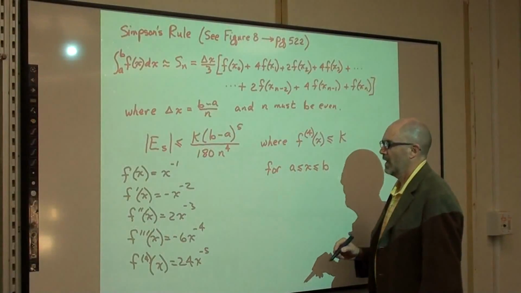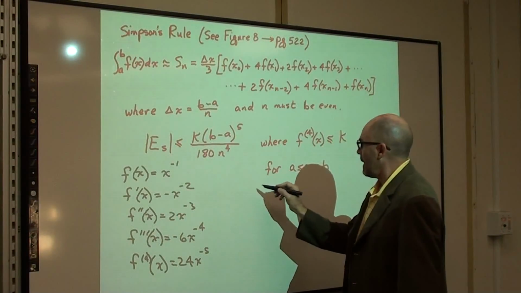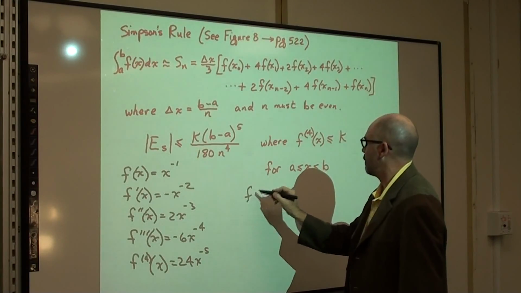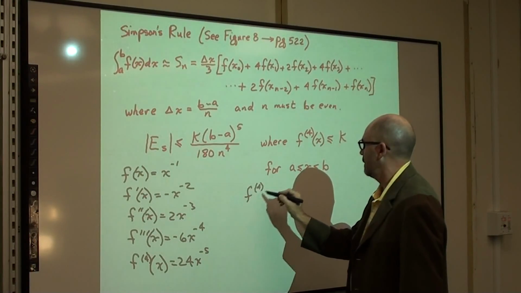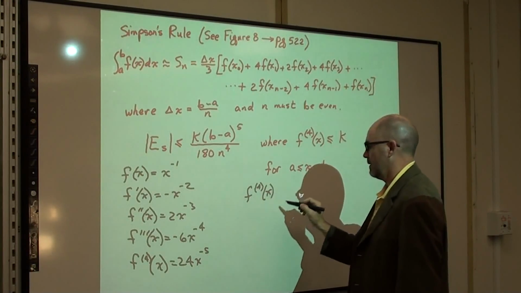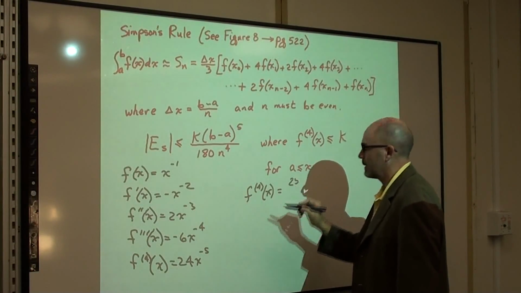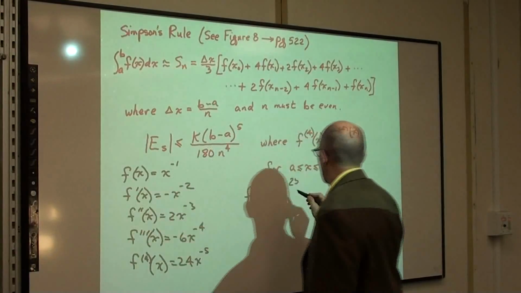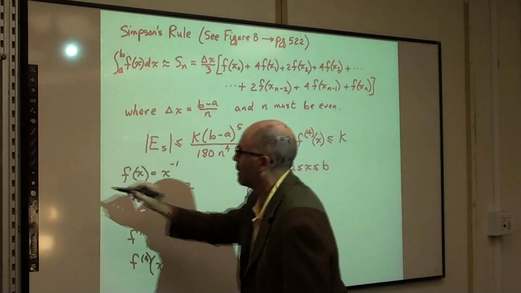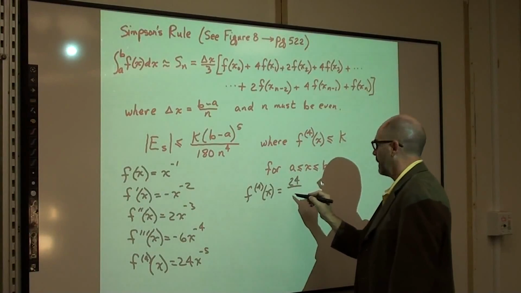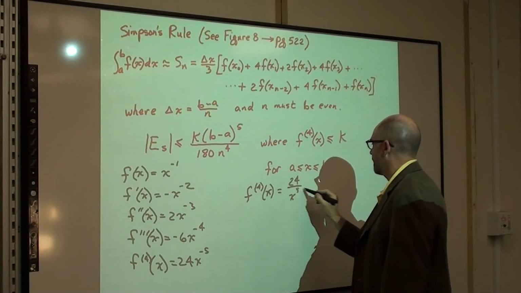Okay, so that means the fourth derivative of f of x is going to equal 24 over x to the fifth.